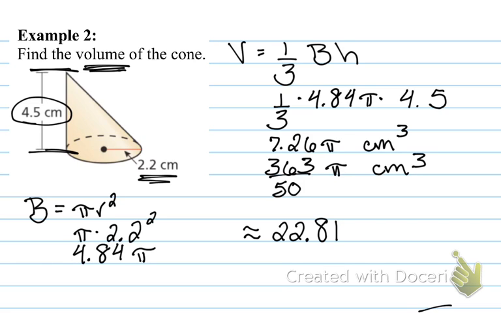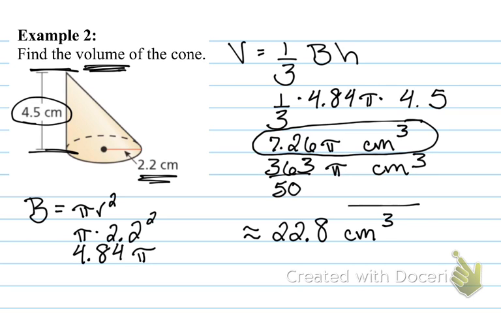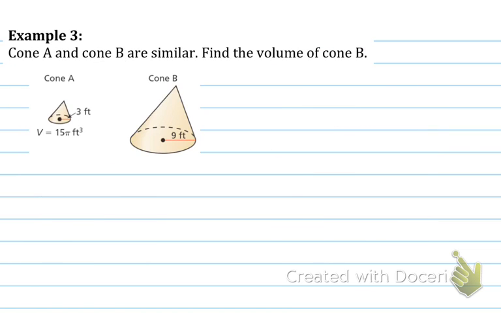Oh wait, we only have one decimal place, so we'll just go to one decimal place here as well, and that would be centimeters cubed. So this one is probably the prettiest exact answer, and this one is the prettiest approximate, 22.8 cubic centimeters. Okay. All right, last one.